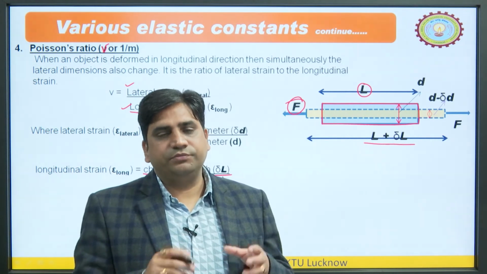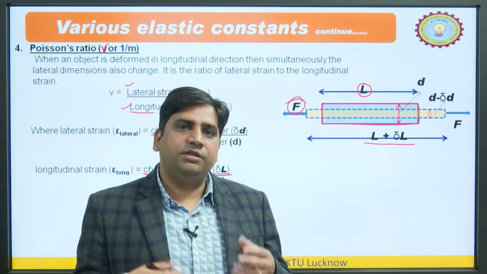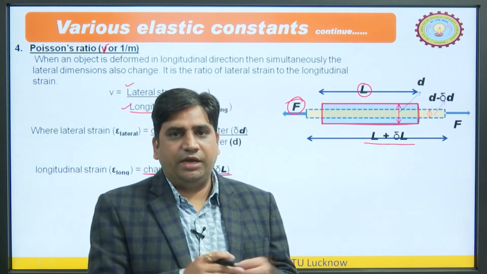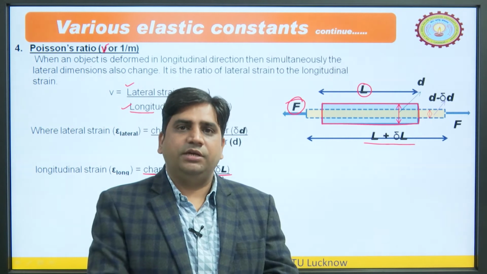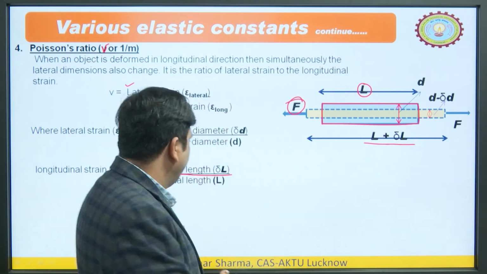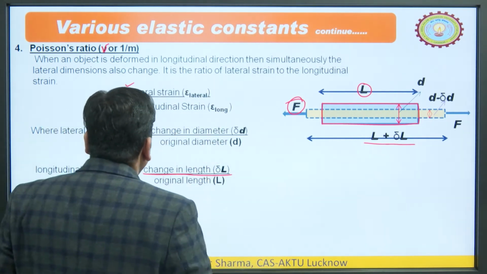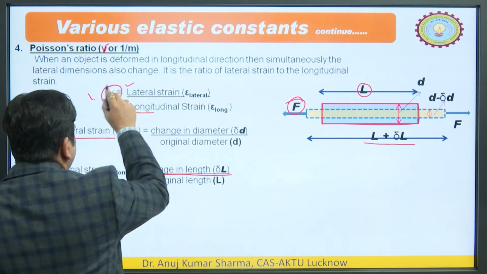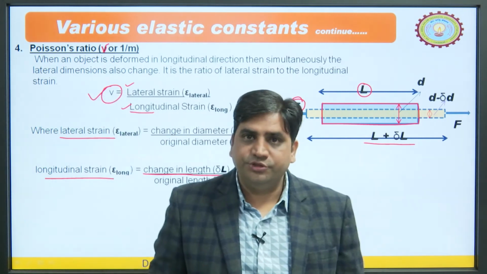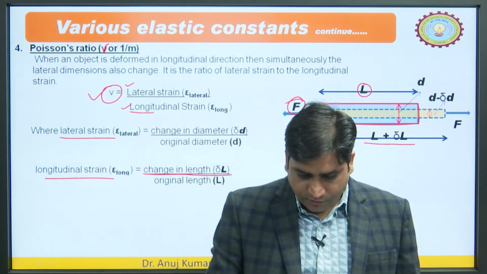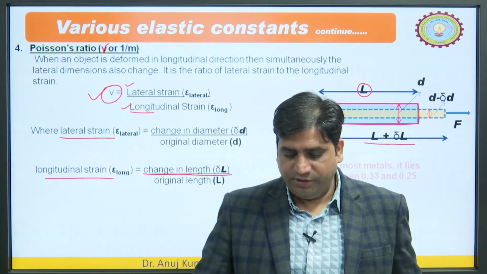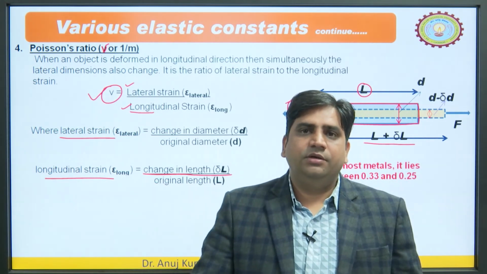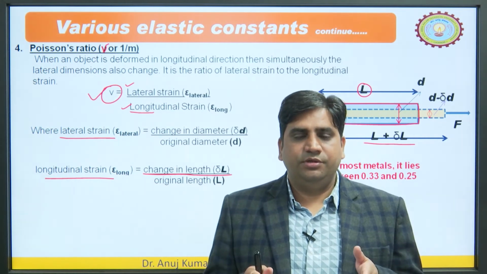If we have 3 dimensions, there would definitely be a third, which will also be a lateral dimension in another direction, x or y, depending upon the sign convention or the notation. If we calculate this lateral strain and longitudinal strain, we can easily calculate the Poisson's ratio. Poisson's ratio generally lies between 0.25 and 0.33.